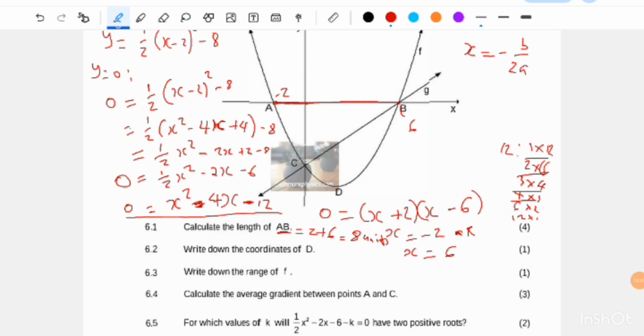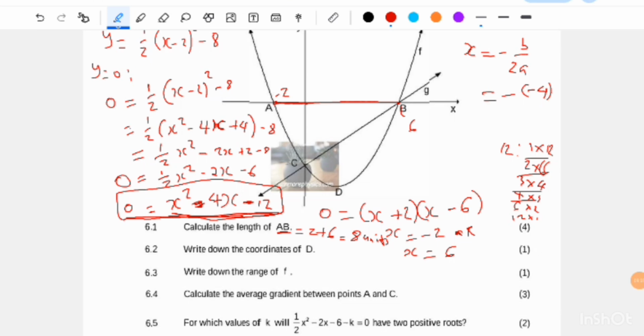We have already done a lot of work here by simplifying that equation, so we're going to use this one here and see what our value of b is. The value of b is 4, so minus 4.